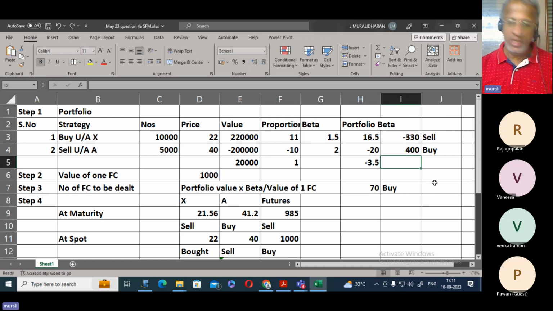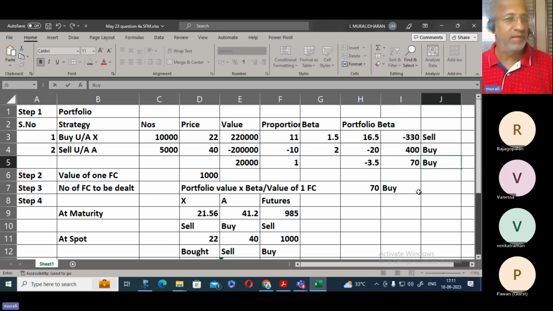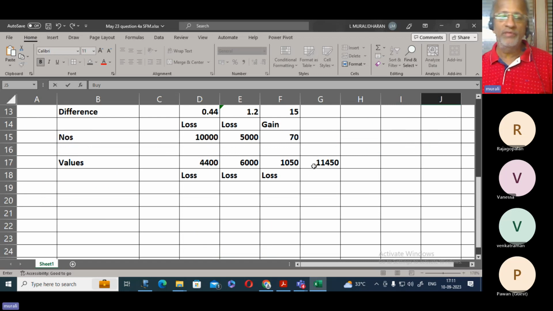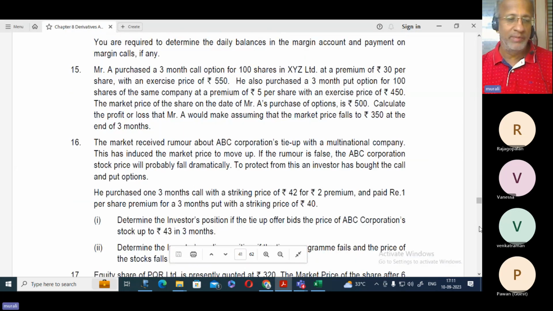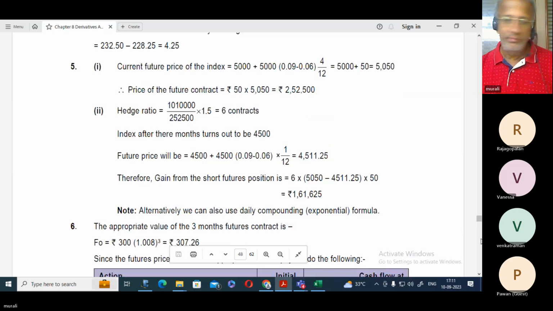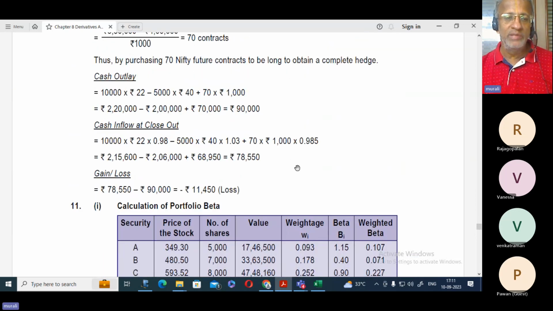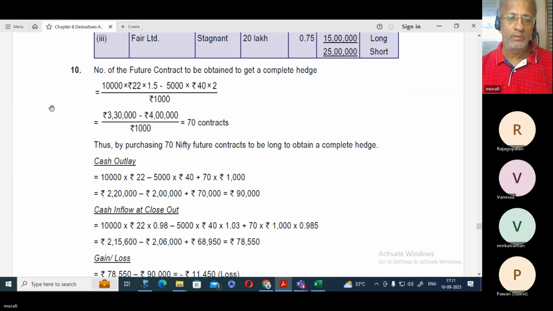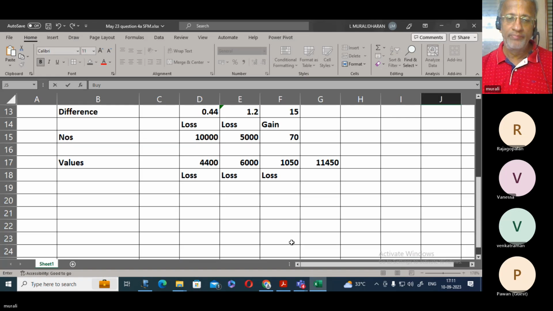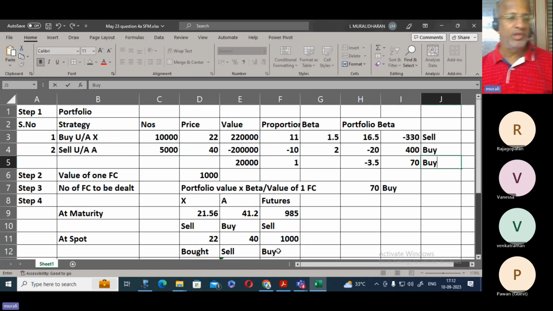And therefore we can take the exposure to 70, overbought, buy. So 11,450 is the overall loss. Now the institute had just developed that, but the point is that you can do it this way. So this looks a pretty methodical way.